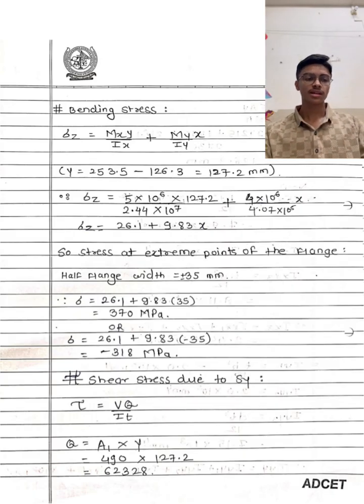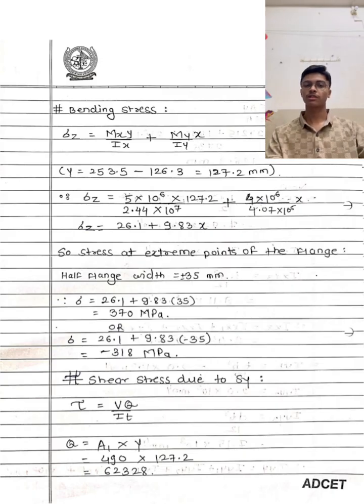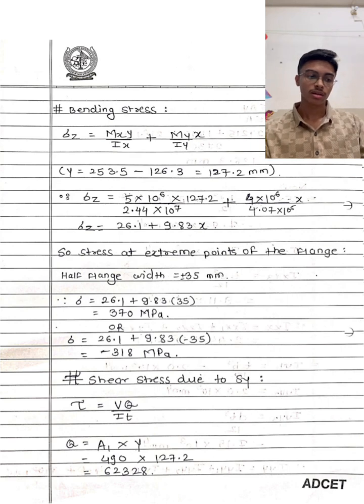Now we have to calculate the stress at the extreme points of the flange. Half flange width is plus minus 35 millimeters. Then we put all the values of x in the sigma equation, and we get 370 MPa or minus 318 MPa.